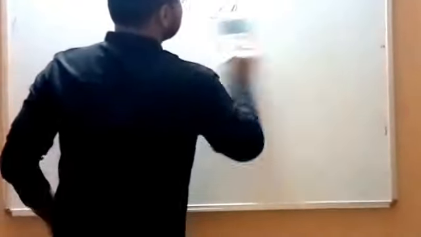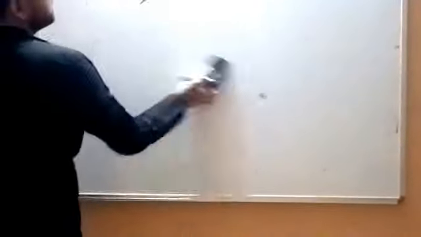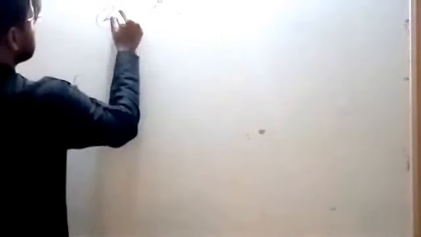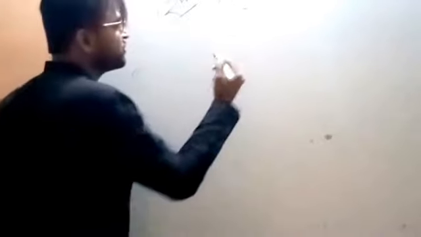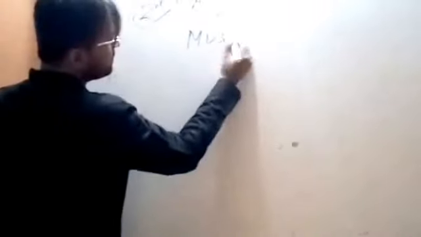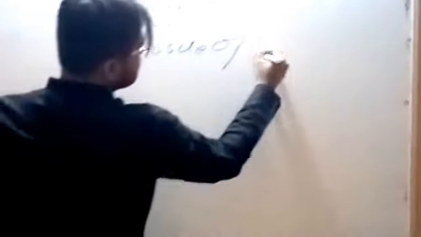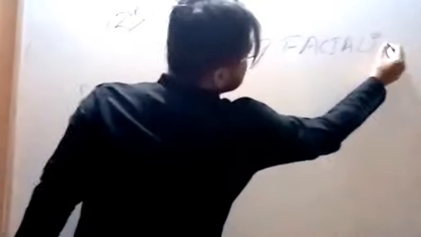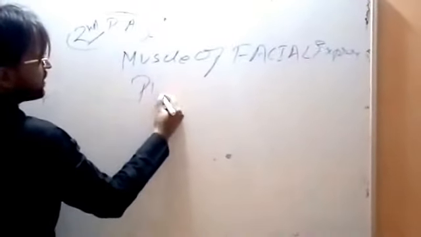Then comes the derivatives of second pharyngeal arch. Second pharyngeal arch gives rise to muscles of facial expression. Here, second pharyngeal arch gives rise to platysma.